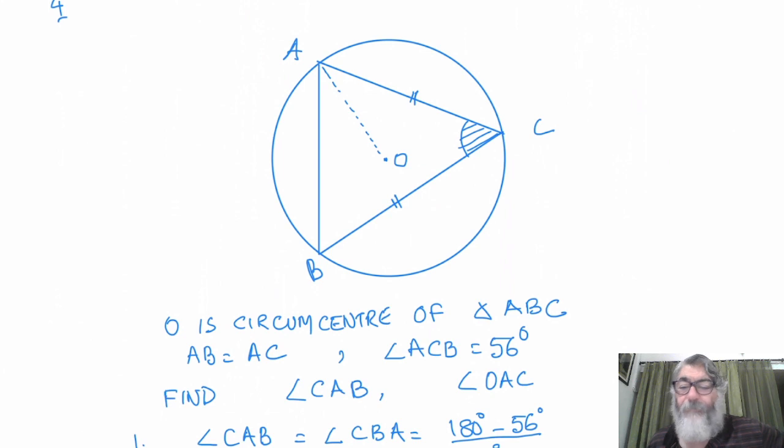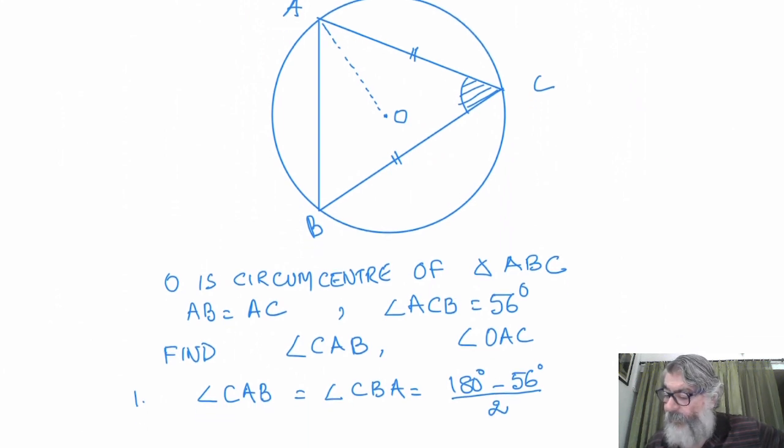We do 180 minus 56, which comes out to be 124 upon 2. 2 6s are 12, 2 2s are 4, so it comes out to be 62. And the reason is CA is equal to CB.